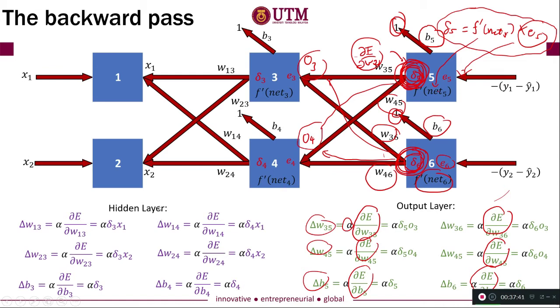For the hidden layer, you can see that it's almost similar. To find the gradient of this one, you must multiply this one with this one. To find the gradient of this one, multiply this one with this one.